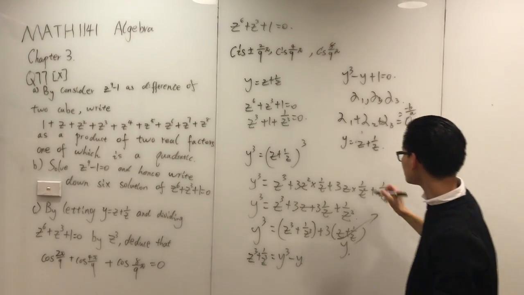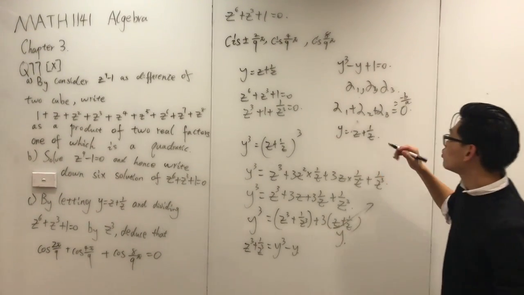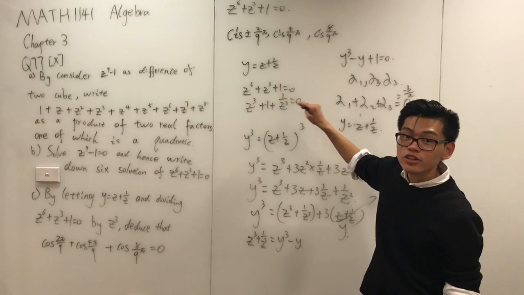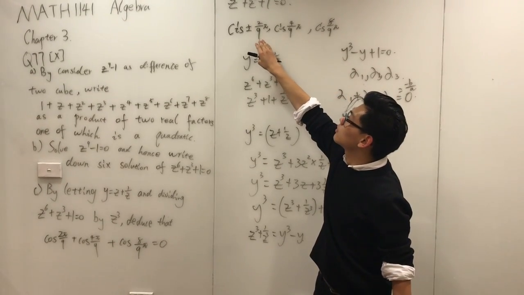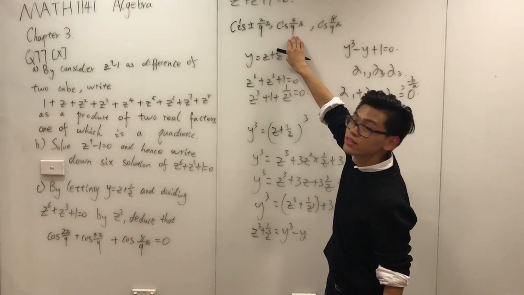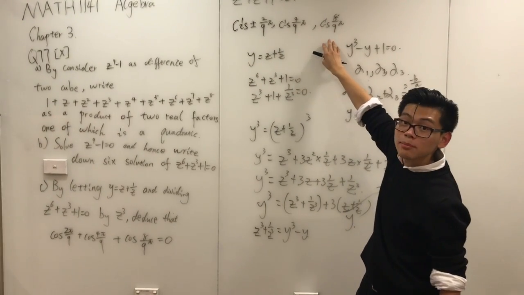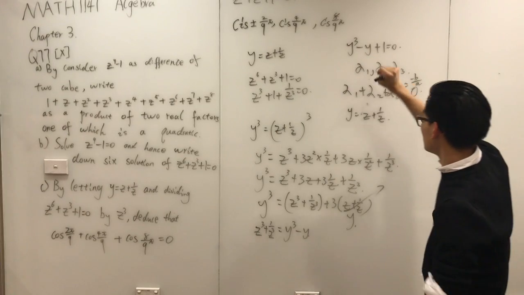Now we know the roots of z^6 plus z^3 plus 1 are cos plus or minus 2π/9, plus or minus 4π/9, plus or minus 8π/9.